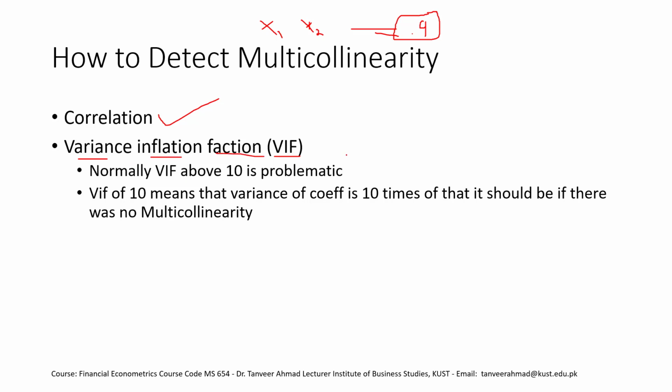And what it would do is give us a value for each independent variable. And if the VIF is above 10, then we would say that there is a multicollinearity issue with that variable. And you would normally see that, let's say x1 and x2, they both would have a value of, let's say, 11 or 11.5, then these two variables are multicollinear.